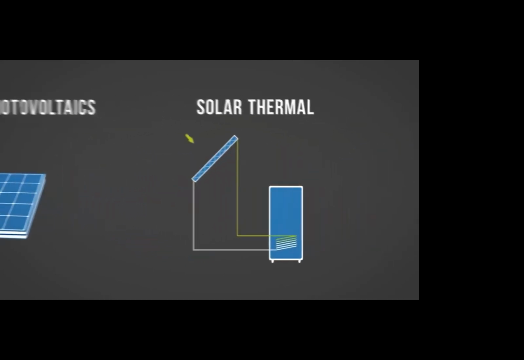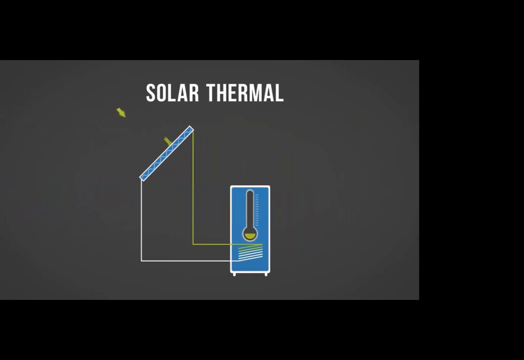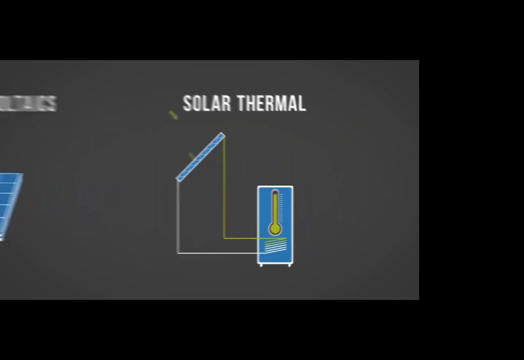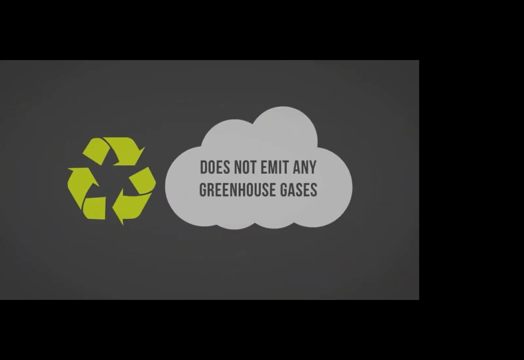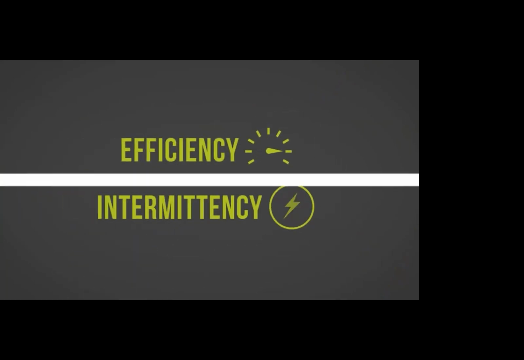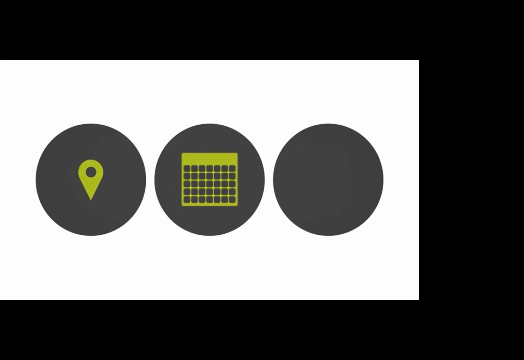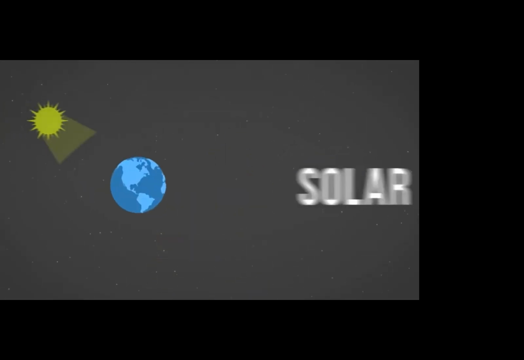In contrast, solar thermal is a technology that utilizes the heat energy from the sun for heating or electricity production. Solar is a renewable resource and does not emit any greenhouse gases. However, efficiency and intermittency are issues. Since sunlight is dependent on location, season, and time of day, harnessing the energy from the sun is a challenge. That's solar.